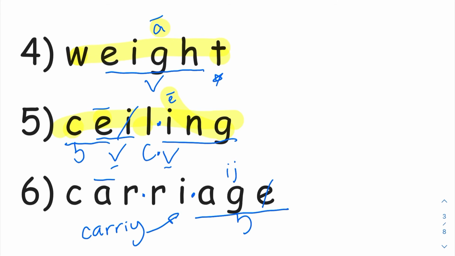You see that? And it's making the short E sound, carry. The carriage. It kind of changes. So this kind of goes along with carriage. I didn't like it either. Carriage.